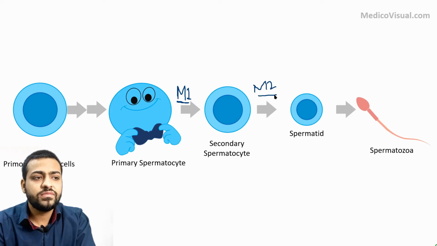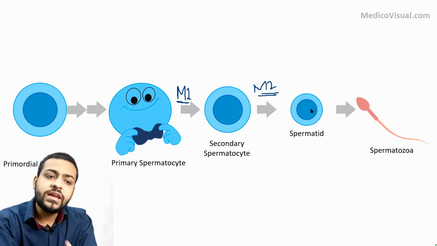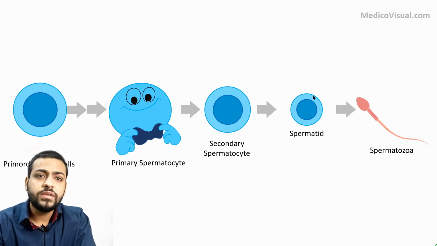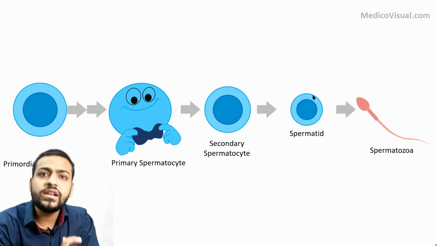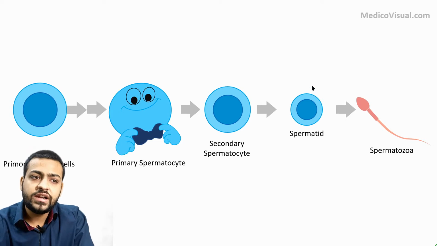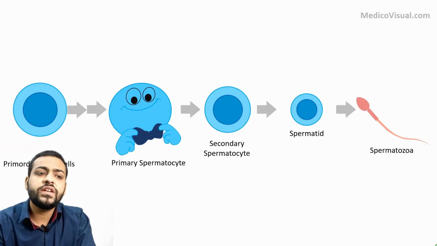Now you can see this spermatid does not look like sperm. Its nucleus is the same as that of spermatozoa, that is, 23 chromosome haploid, but it does not look like spermatozoa. So finally it will undergo cytodifferentiation to form mature sperm.